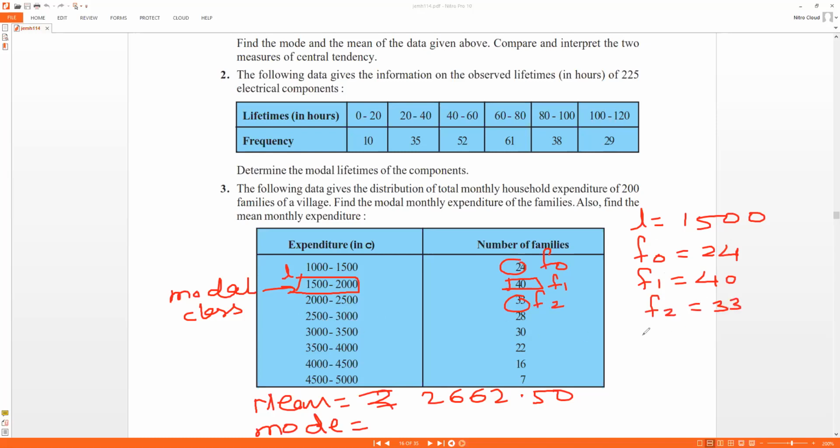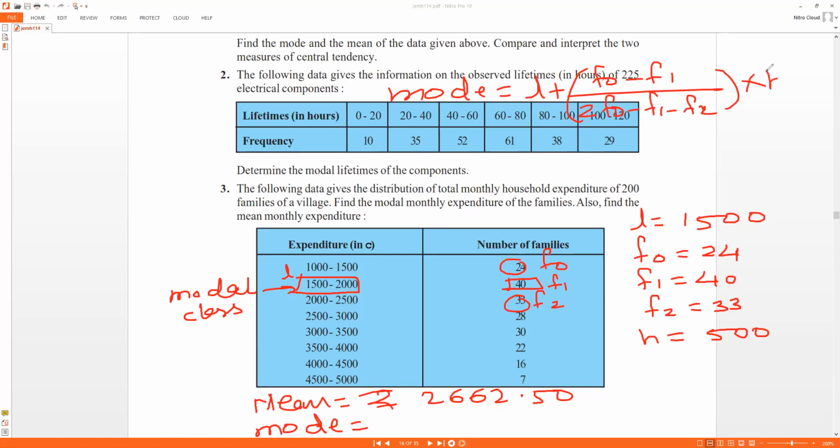And the class width or class size h is 500. Correct. So use the formula mode equal to L plus (f0 minus f1 upon 2 f0 minus f1 minus f2) multiplied by h. Substitute all the values, you will get the mode. Correct?